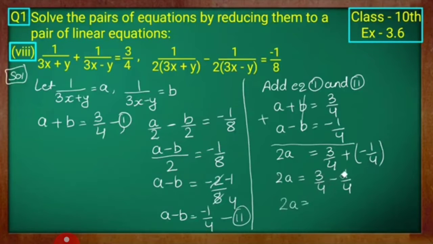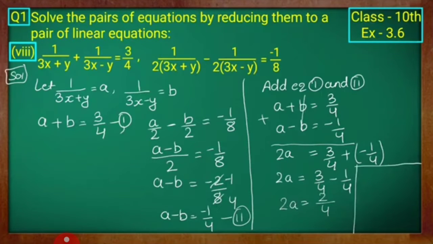So 2a is equal to 3 minus 1 upon 4. So 3 minus 1 will be 2.